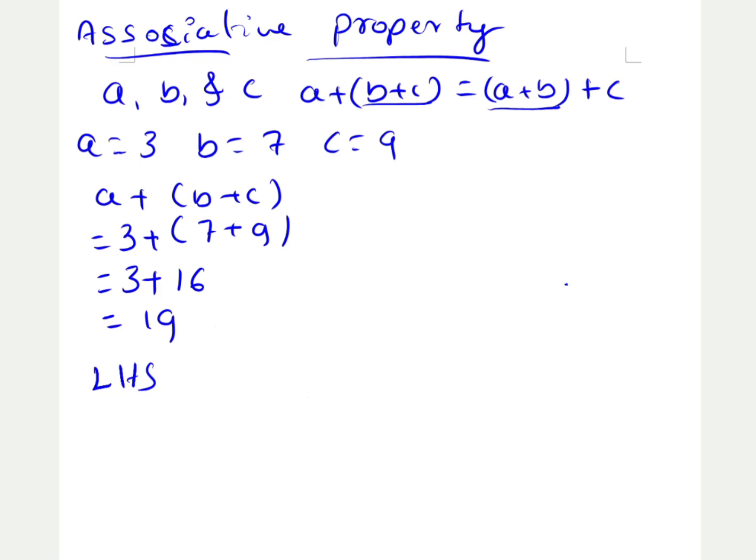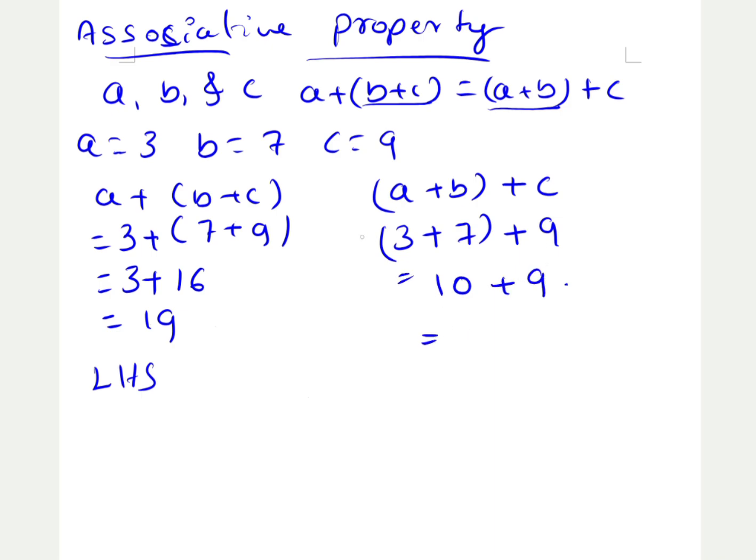Take the right hand side part, that is a plus (b plus c). a means 3 plus (b means 7 plus c means 9). First solve the bracket. 7 plus 9 is 16, 3 plus 16 is equal to 19.